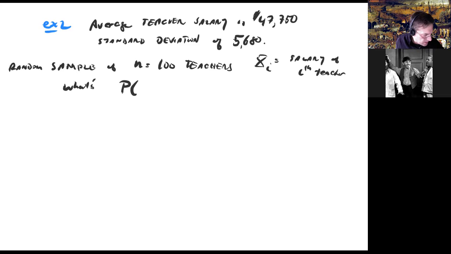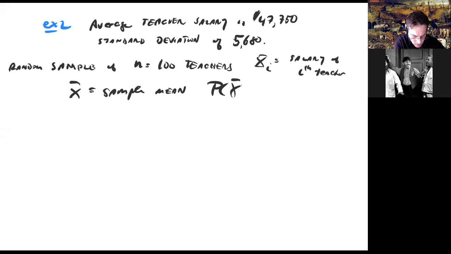Let X bar equal the sample mean of the sample, and what's the probability that X bar is less than or equal to $47,000? That's the question. Okay, so that's what we want to solve.